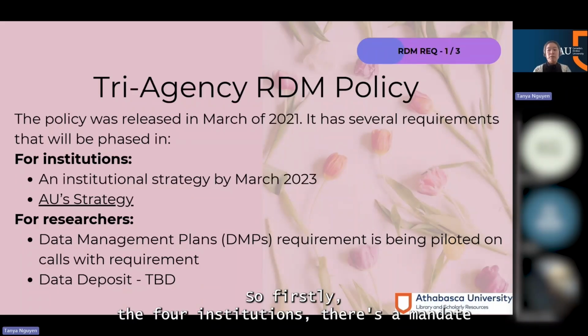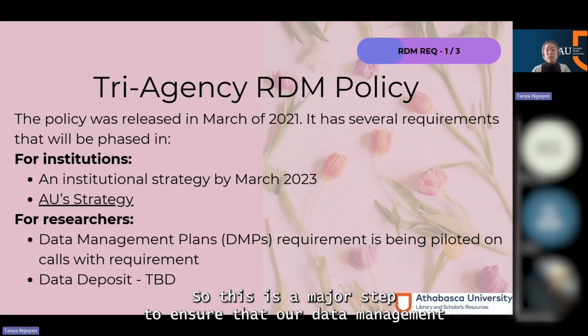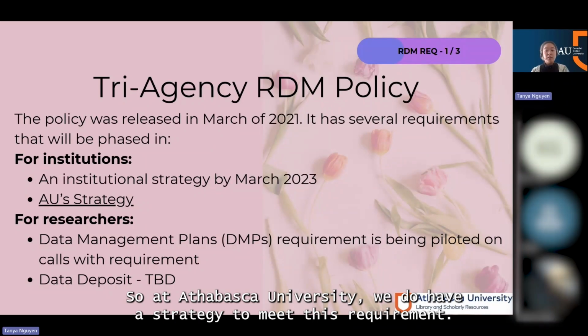So firstly, for institutions, there's a mandate to develop an institutional strategy by March 2023. So this is a major step to ensure that our data management practices are robust and aligned with broader standards. So at Athabasca University, we do have a strategy to meet this requirement.